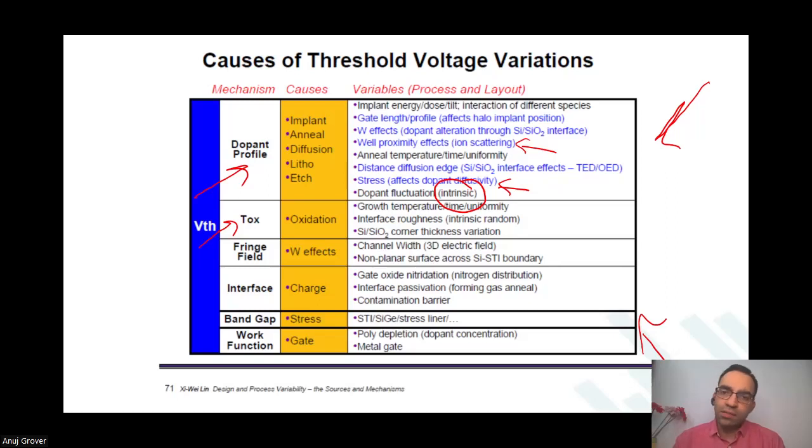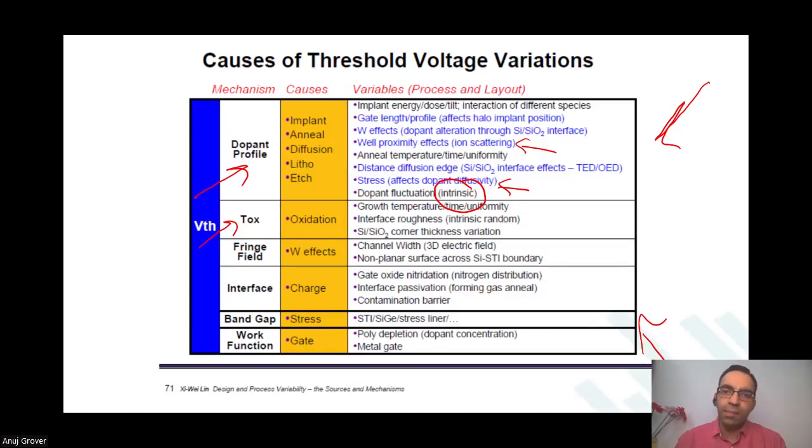So that is statistical modeling where you're saying 70% of the devices will be within plus minus sigma. Another 25% of devices are within plus minus 2 sigma. Another 3% of devices are within plus minus 3 sigma. That is statistical modeling. Okay, sir.